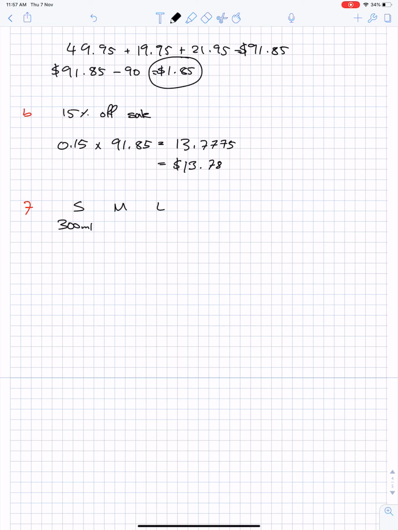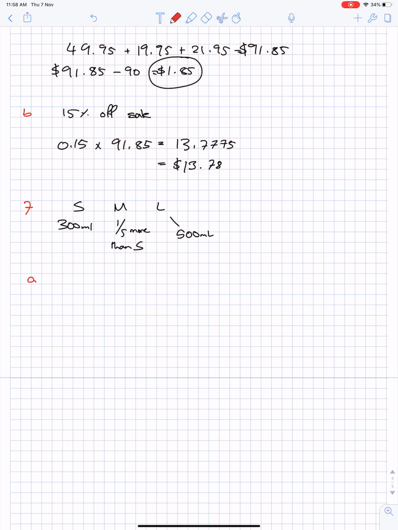A medium thick shake contains 1/5 more than the small, and a large thick shake contains 500 mils.